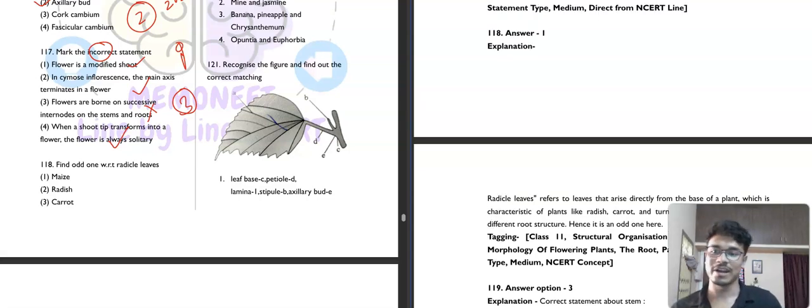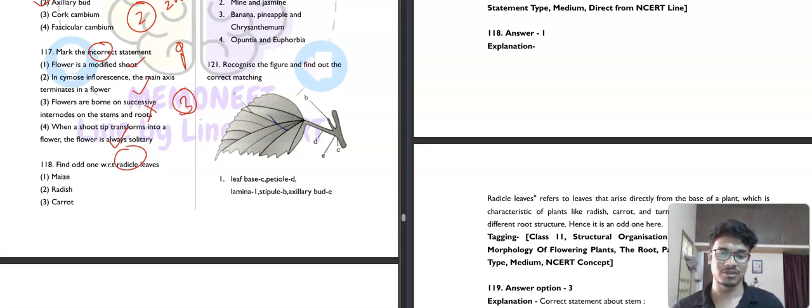It is saying, find the odd one with respect to radical leaves. Radical leaves refers to the leaves that are directly from the base of the plant, which is the characteristic of plants like radish, carrot, turnip, etc., which have a different type of root structure.